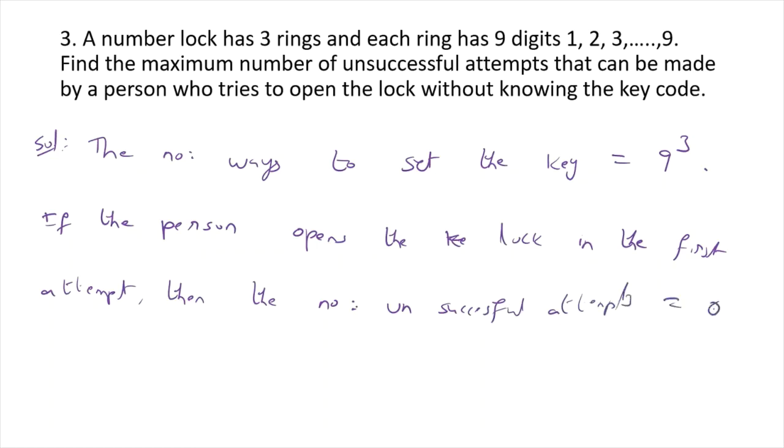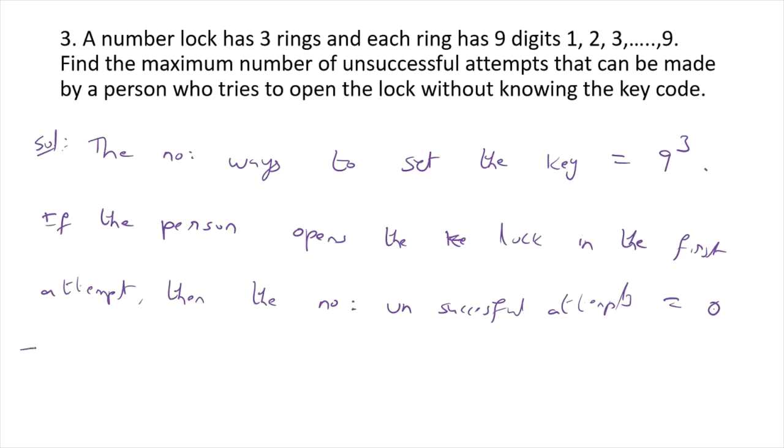If he opens the lock in the second attempt, then the number of unsuccessful attempts is going to be 1. So here they are asking us to find the maximum number of unsuccessful attempts. So if he opens the lock in the last attempt, in the sense in the 9 cubed attempt, the number of unsuccessful attempts is going to be 9 cube minus 1.